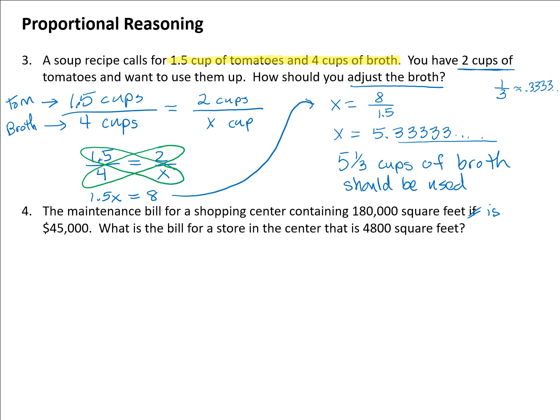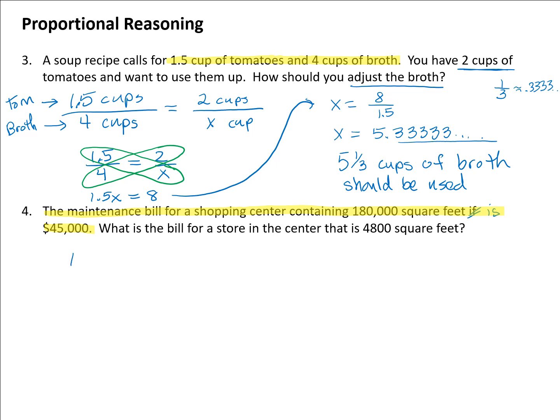Okay. So just like we've been doing in all the other examples, what we want to look at is the initial information we've been given related to the entire shopping center. So we're going to set up a rate based on that.